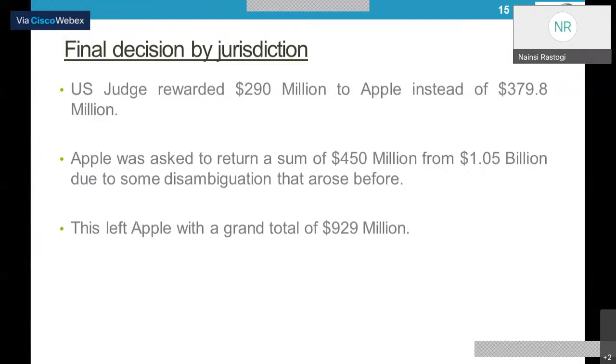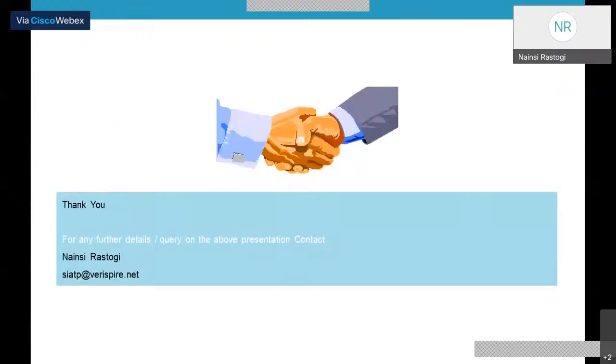So being consumer or producer, we need to refrain from such cases, so that our energy can be utilized more productively. The case ended with a huge penalty, as well as huge damage to the reputation of both companies, and many other companies took advantage of this legal battle and infringement case.